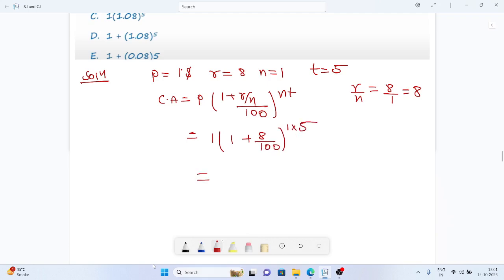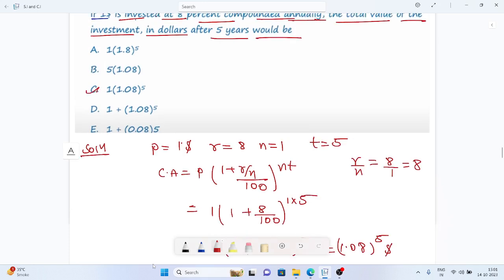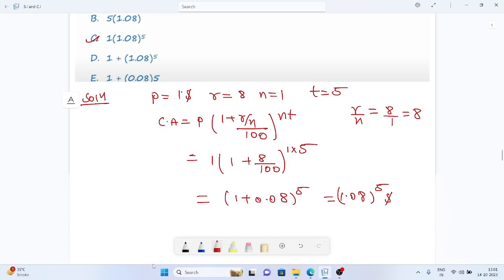So this will give you 1 plus 0.08 to the power 5, which is nothing but 1.08 to the power 5 dollars. I think the option is also given in this form. So the correct option is C for this. Right? Got this question?